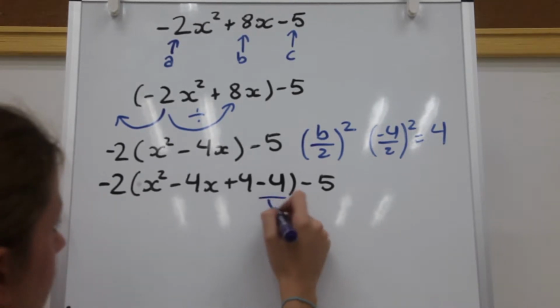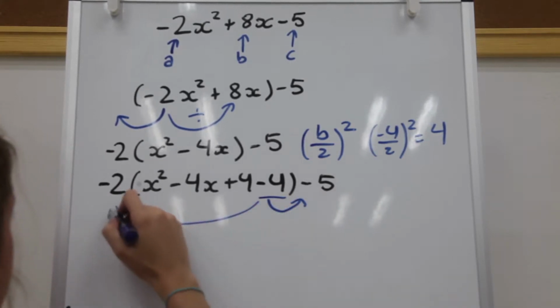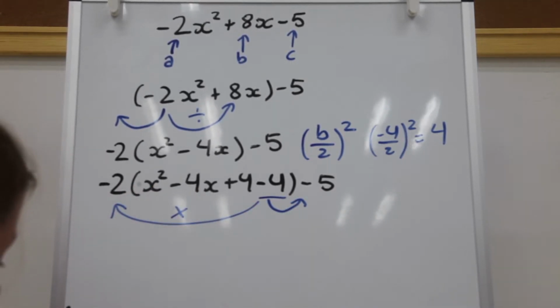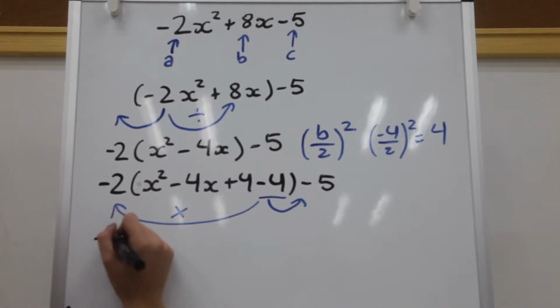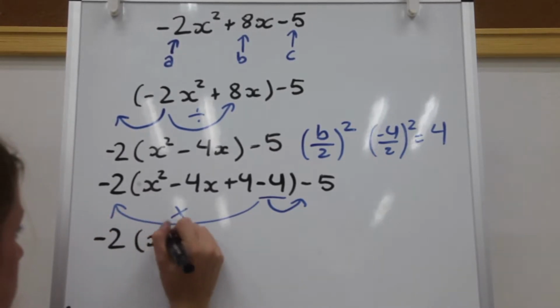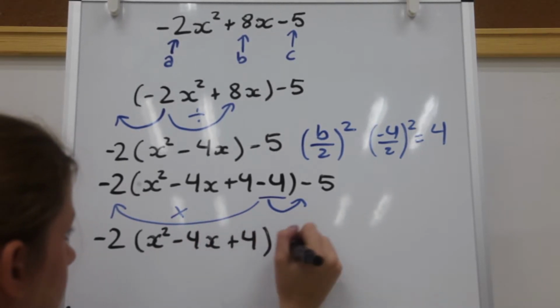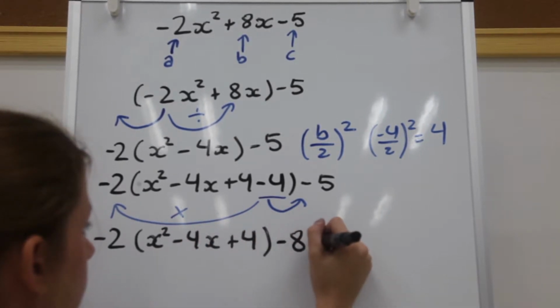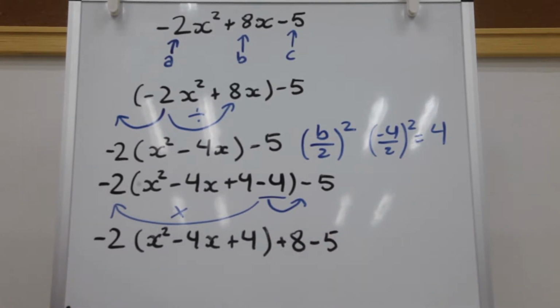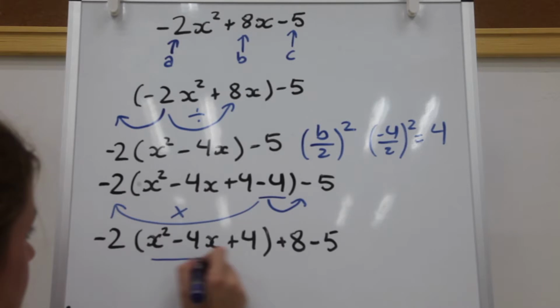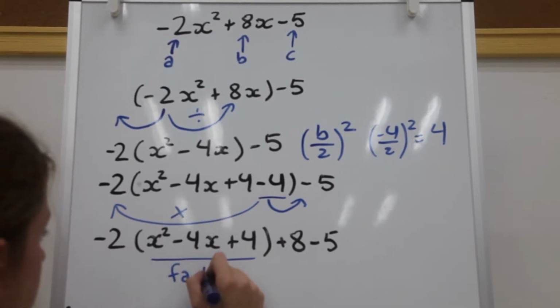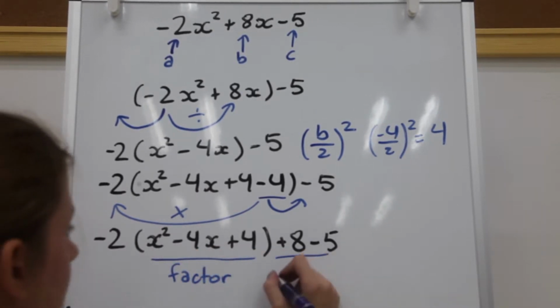Alright, time to bring out the -4. But I must remember to multiply it by 8. And now I end up with this equation. And now I'm going to factor the inside of the bracket and simplify the outside.